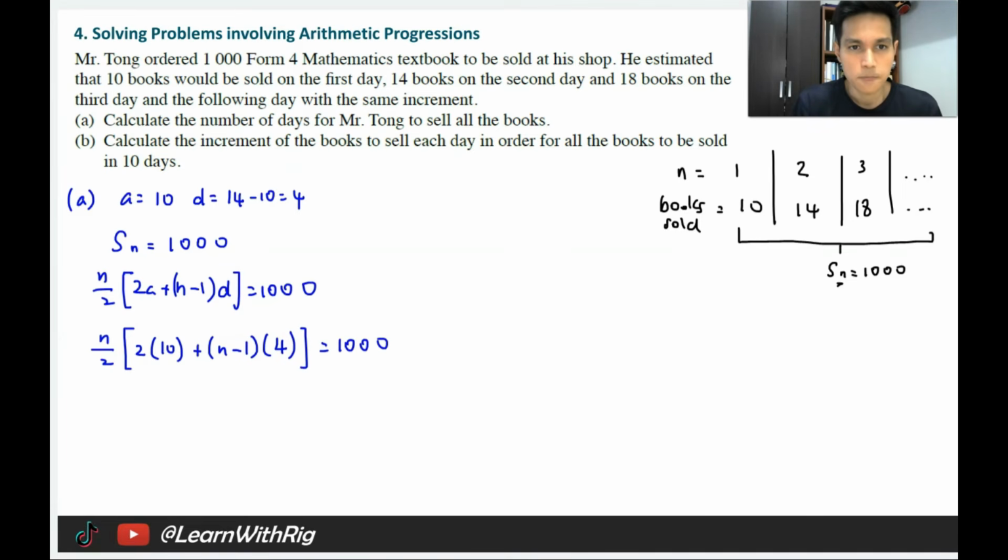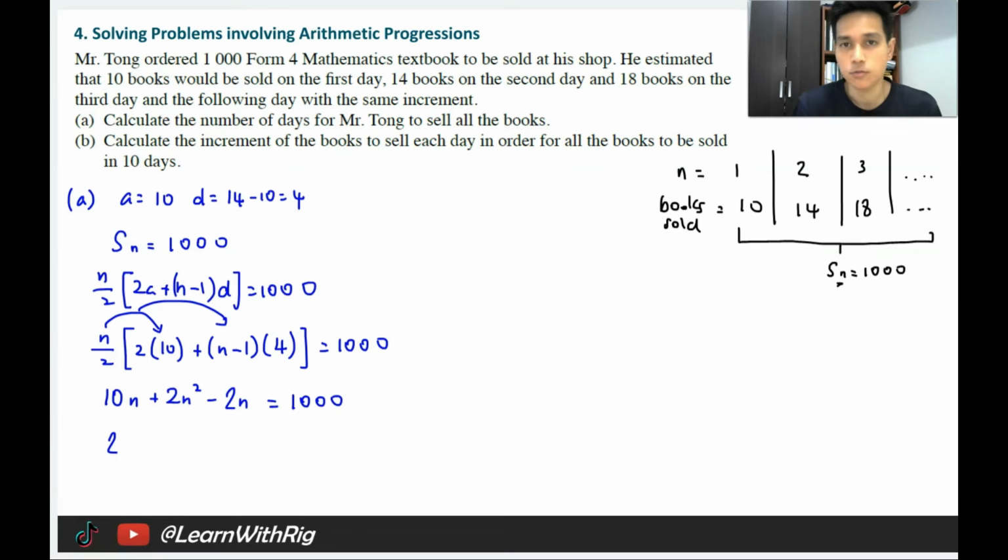So if I expand this, you get 10n plus 2n square minus 2n equals to 1000. Okay, so rearrange this.